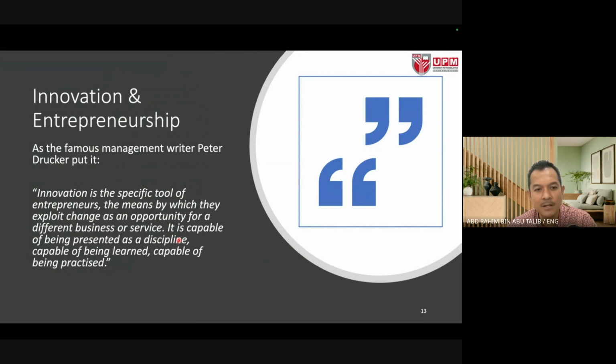It is capable of being presented as a discipline, capable of being learned, as well as capable of being practiced. That's what we intend, the aim of this Master of Innovation and Engineering Design, meaning that it is a discipline on its own. So you can teach innovation, you can practice innovation, right? So that's what Peter Drucker highlighted here.